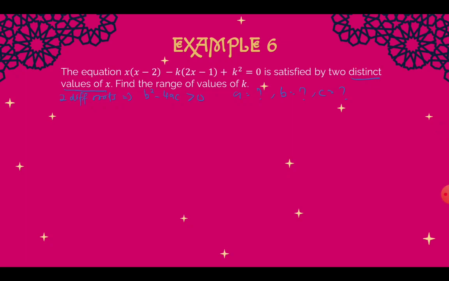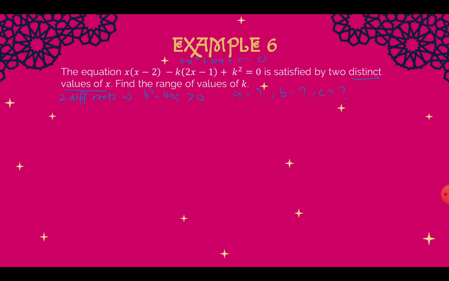We need to expand and simplify the equation until it is in the form ax squared plus bx plus c equals 0. After we determine the values of a, b, and c, again we substitute the values into discriminant greater than 0. So let's look at what happens next.